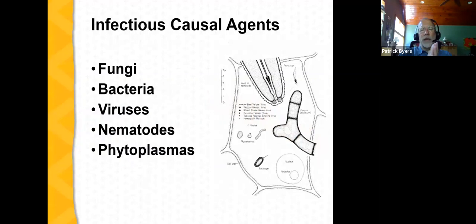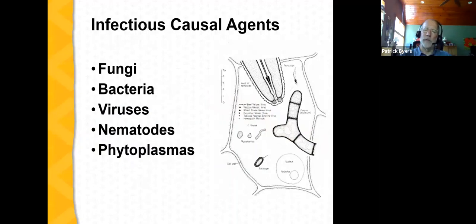Now, let's take a look at a size scale comparison of the different causal agents, the different plant pathogens. Here we have a diagram that is the outline of a plant cell. That's the basis of this. And then we can see various things that can attack that plant cell. Fungi, that lower picture there, looks a bit like a foot coming in.